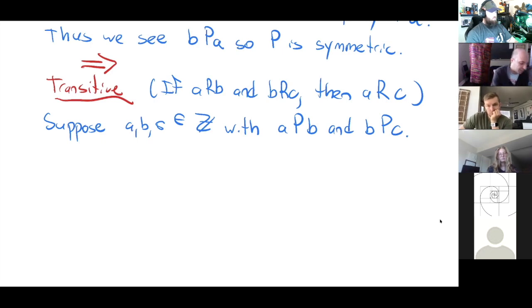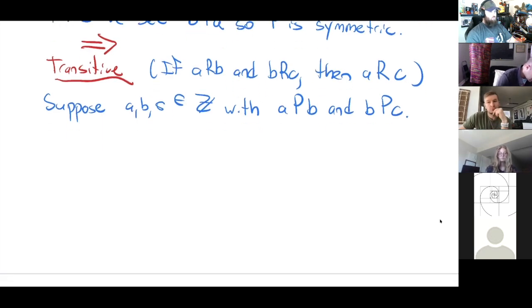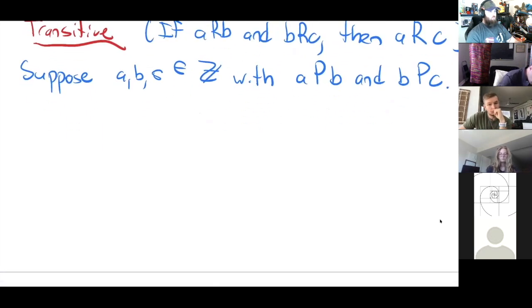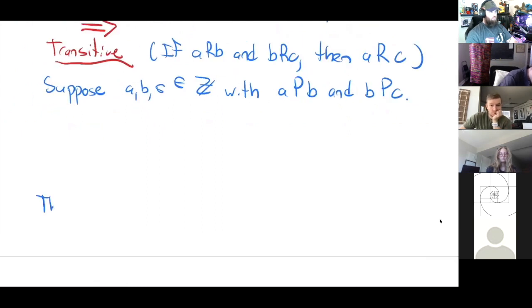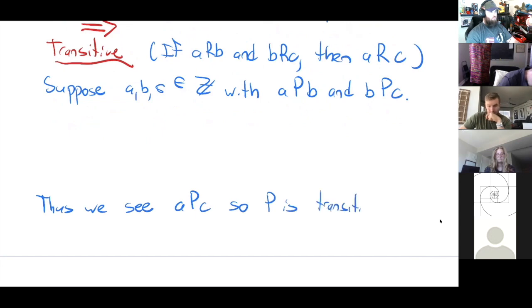So all we know about them is that A is related to B and B is related to C. And again, the goal here would be to show that A is related to C.